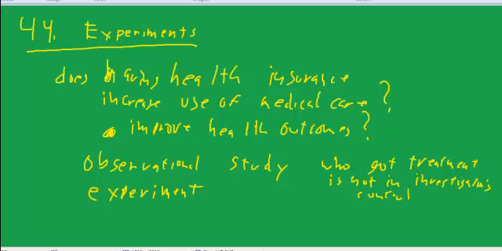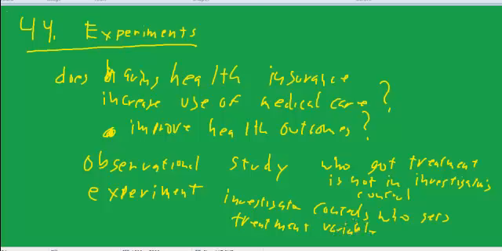In an experiment, the investigator controls who gets the treatment variable, or the investigator assigns which one gets the treatment variable.